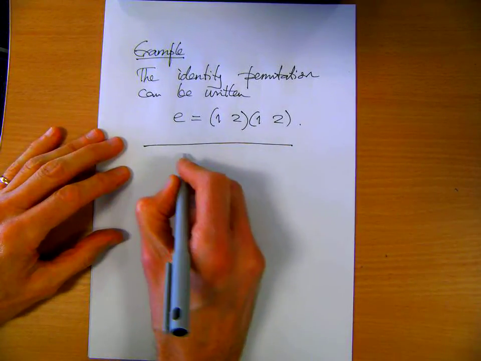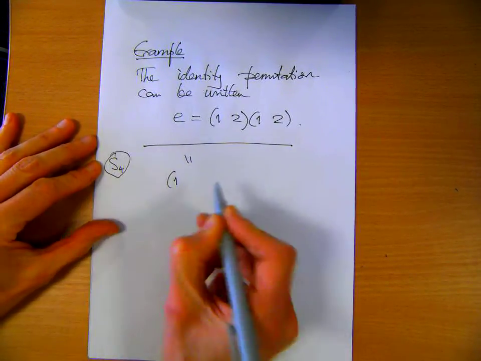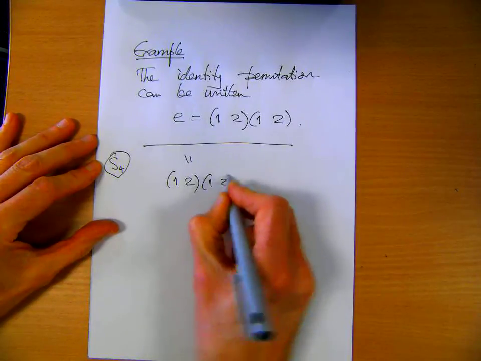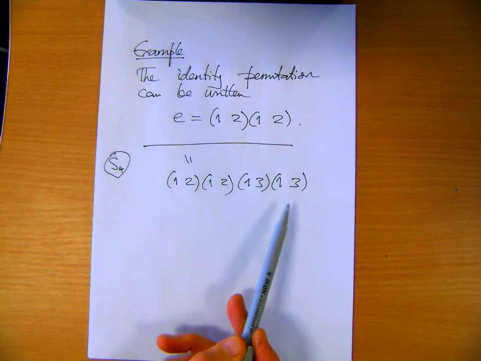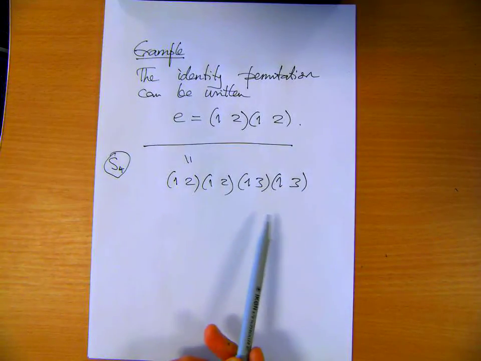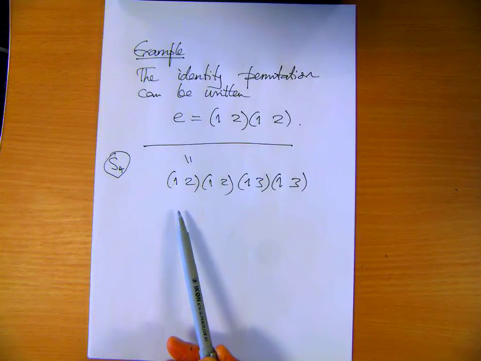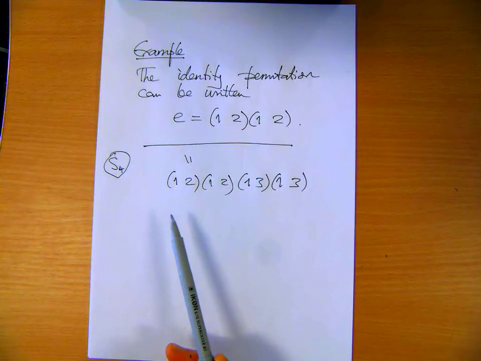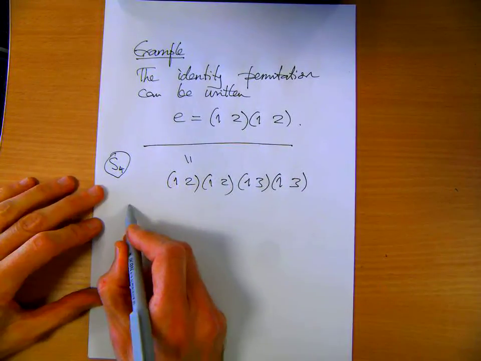It can also be written, suppose we were working in S4, as the product of 4 transpositions, or 6 or 8, but it can never be written as the product of 5 transpositions. So we say that the identity element is even. It can never be written as the product of an odd number of transpositions.